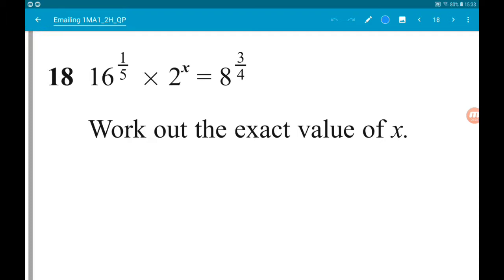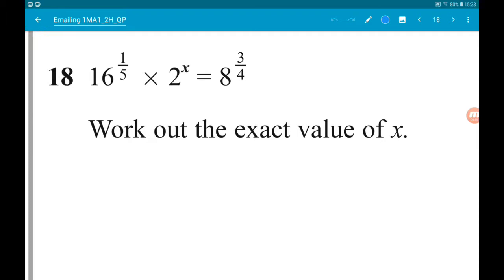Right, to solve an equation like this, you need the base numbers to all be the same. So at the moment the bases are 16, 2 and 8. 16 and 8 can both be written as a power of 2.